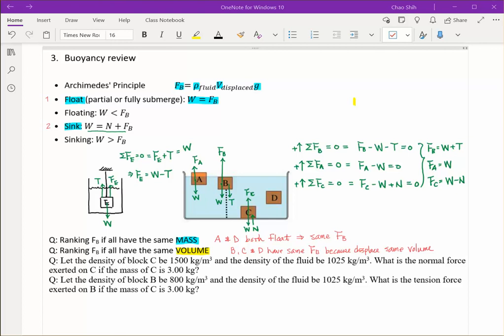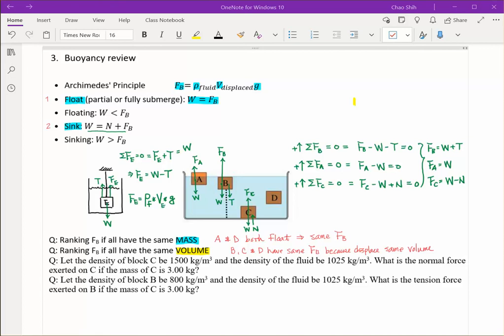Now we can find the tension force. If they give you the volume, can you find the buoyancy force of E? Well, F of E, based on the Archimedes principle, will be rho of the fluid times the volume of the object, because the total volume displaces the fluid, times g. So this will be the volume of E.